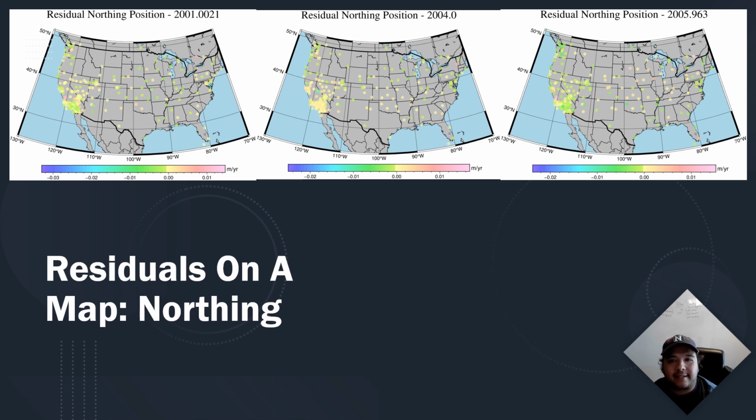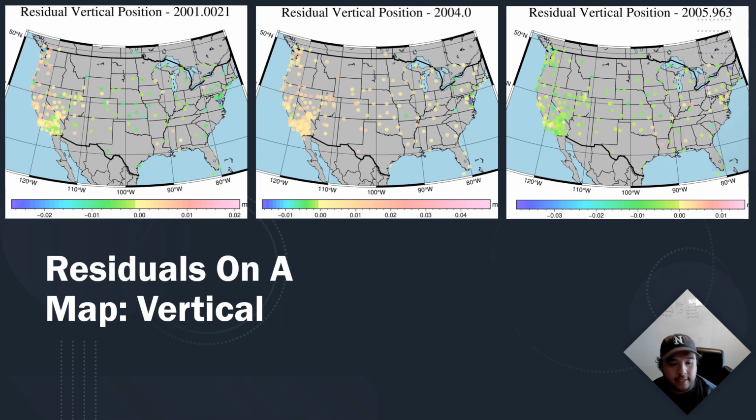Obviously not as significant in the northing because the anomaly isn't necessarily present in the north component, but it's still present. And then in the vertical, it is fairly pronounced, where you can see in 2001 zeros and negatives, a little bit of a positive over here.